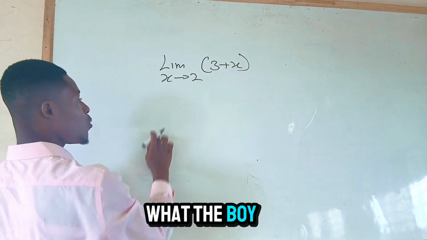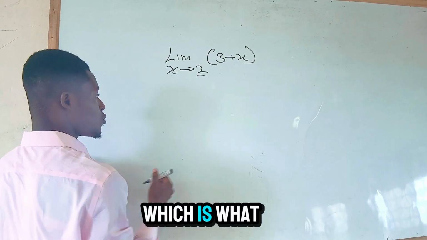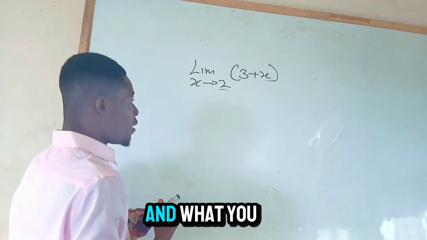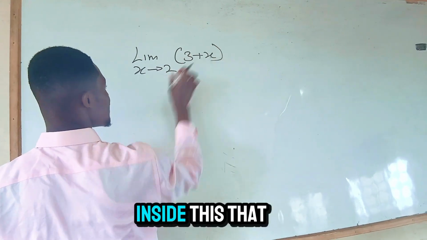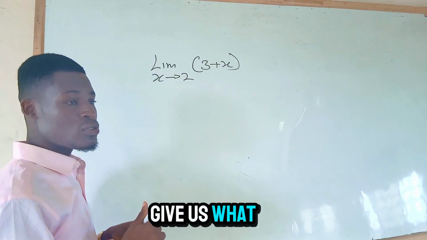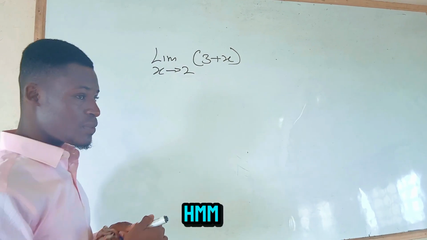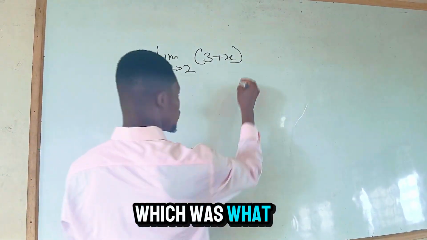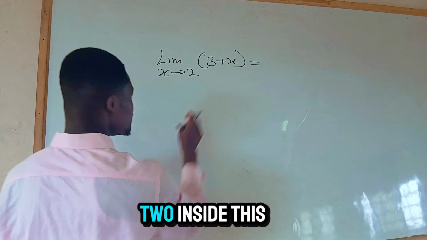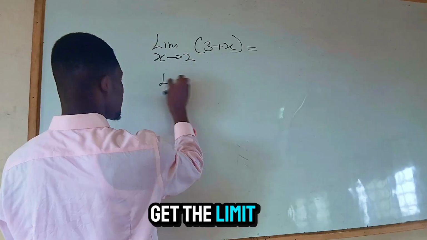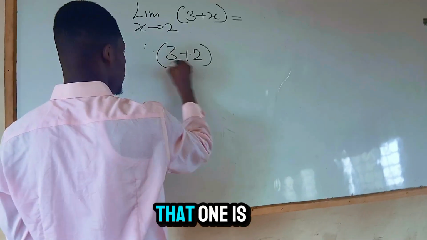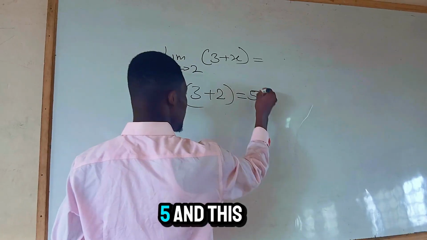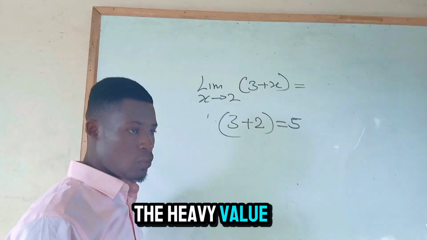In this case, what the boy is approaching is the 2, which is the limit. So if you put 2 inside this, you are going to get the limit. You are going to get 3 plus 2, and that is going to give us 5. And this was the heading value.